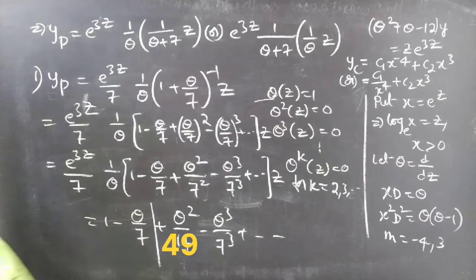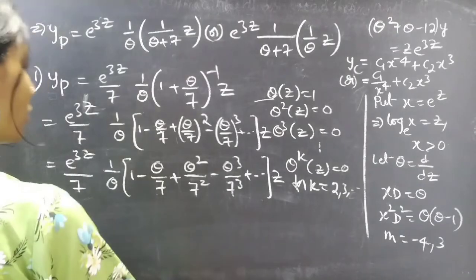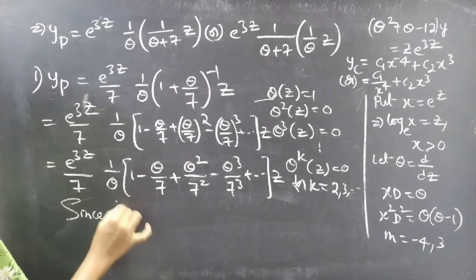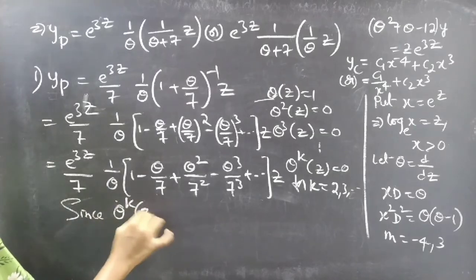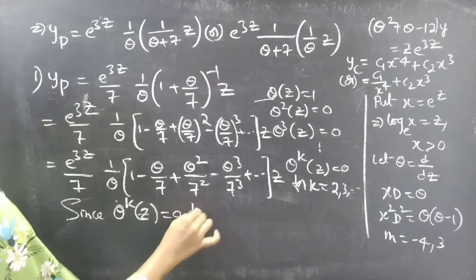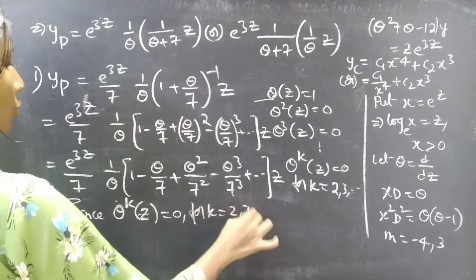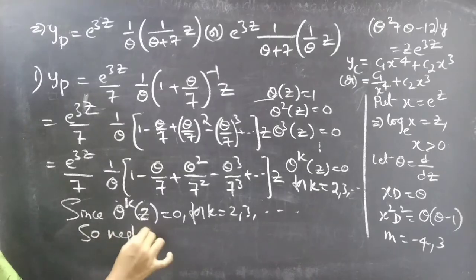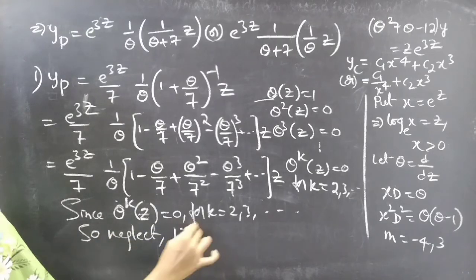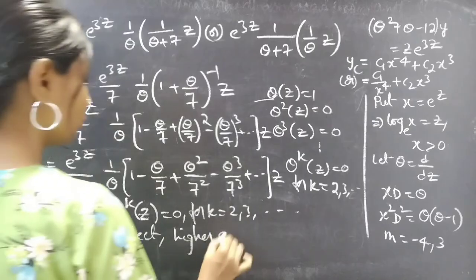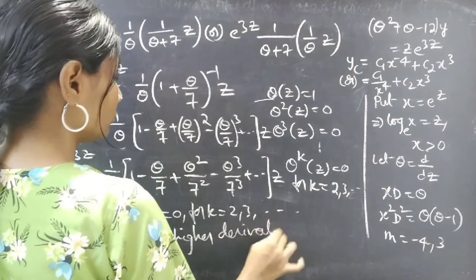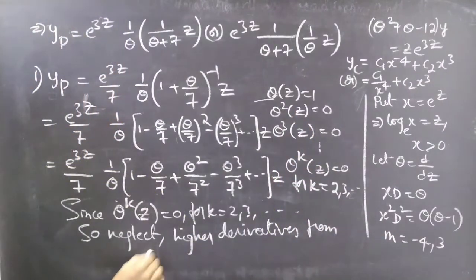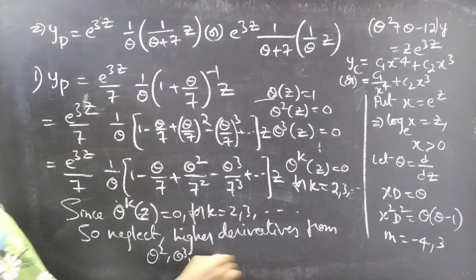Since we know that theta power k of z equal to 0 for k equal to 2, 3 and so on, neglect higher derivatives from theta square, theta cube and so on.